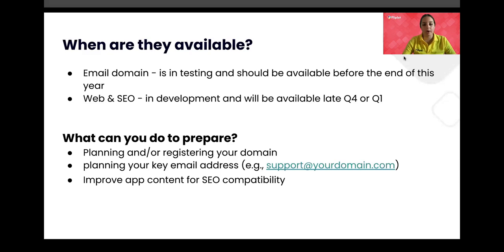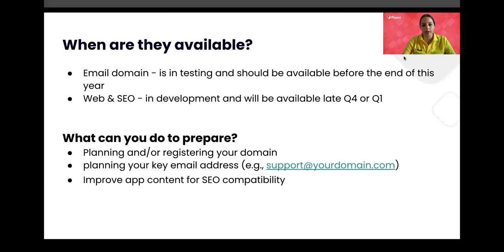Also planning what you might want your custom email domain to be. Again, at the minute, we do recommend it being something generic as it's going to be coming from all your apps, but having a think with your team on what you might want that to be and what works for your business. And lastly, improving your app's content. As Simon said earlier in his slides, SEO compatibility is really dependent on the content within your app.